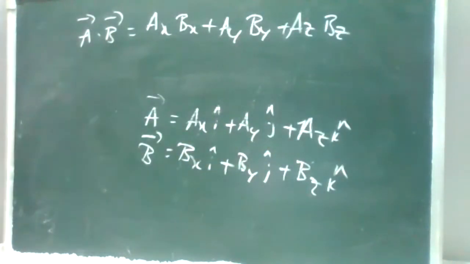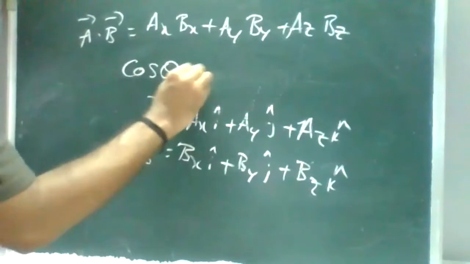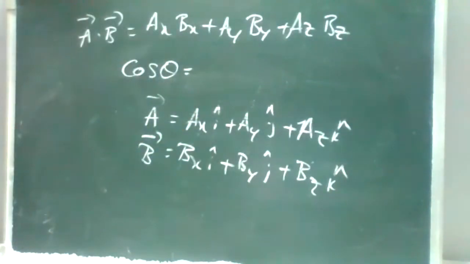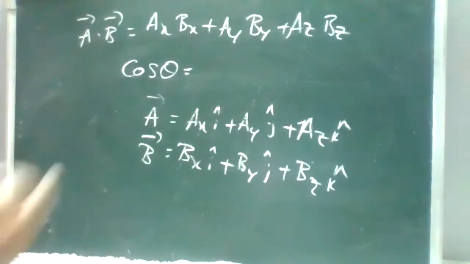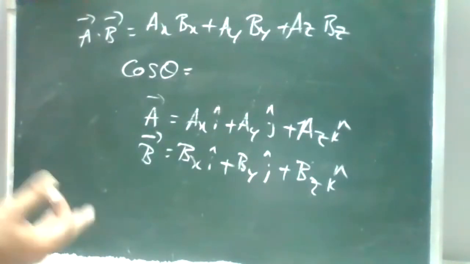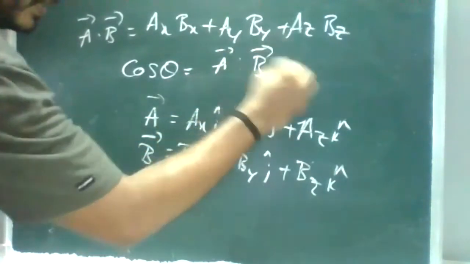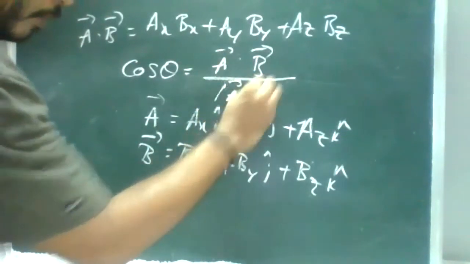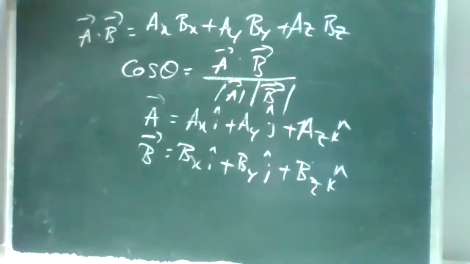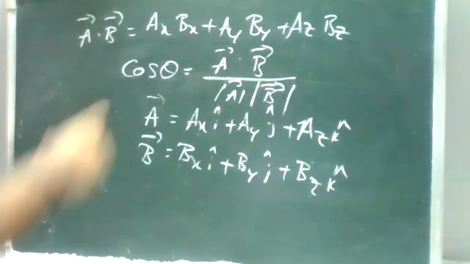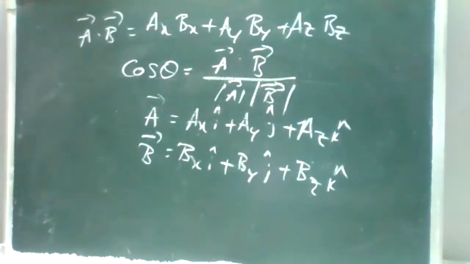This is your relation. Now, if you want to find cos theta, that means if you want to find the angle, whether both are in the same direction or perpendicular, the relation is A vector dot B vector is equal to modulus of A vector modulus of B vector cos theta. So to find cos theta, this is your relation.